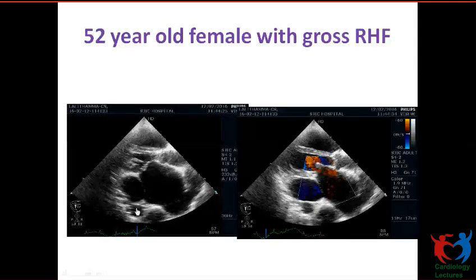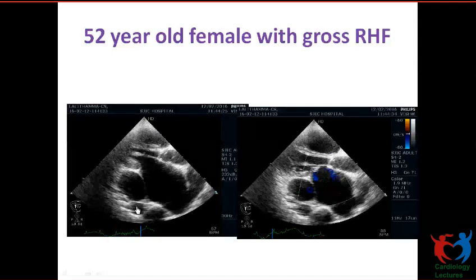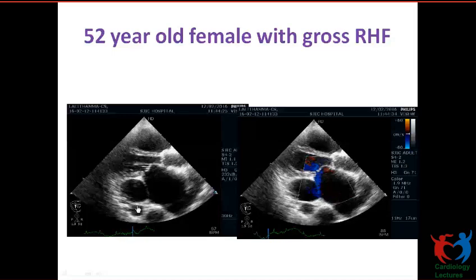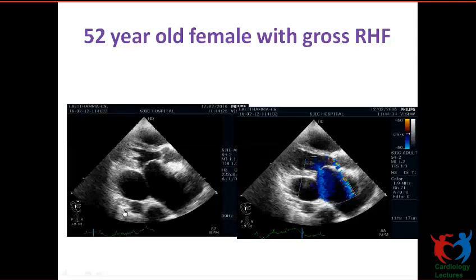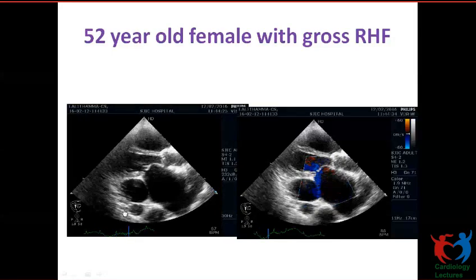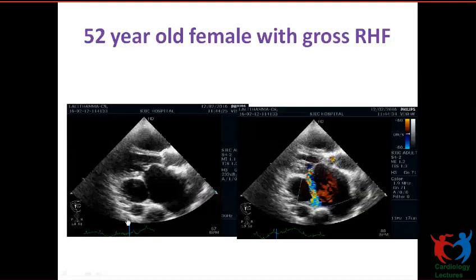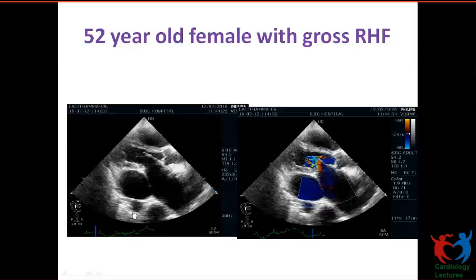What is this? Doppler. That is descending thoracic aorta. Ma'am, that is coronary sinus. If you don't see descending thoracic aorta, what do you suspect? Right aortic arch.